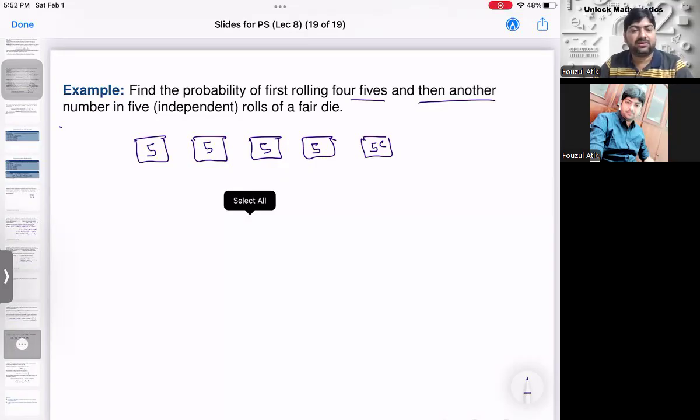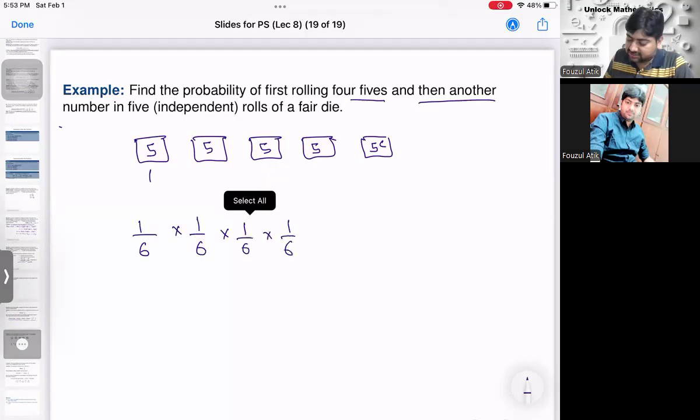Now whenever you are throwing a die, the probability to get face 5 is the same each time, and the rolls are independent of each other, right? So what is the desired probability? What is the probability of this event? It is 1 by 6. Next is again 1 by 6. Next is again 1 by 6.